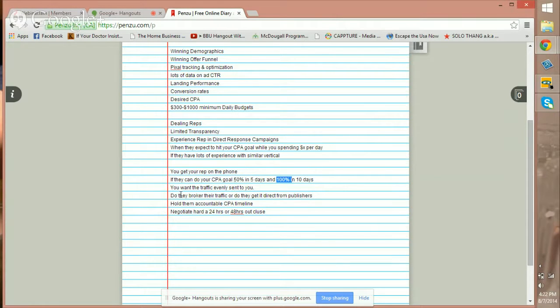So what you do is you negotiate what we call a 24 or 48-hour clause. So what that does, if their traffic is not converting, right, day 1, day 2, and you can see this traffic is completely useless, you go and say, you know what, I do not want this traffic anymore. I want out. I want to stop.